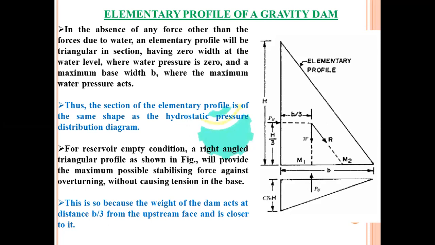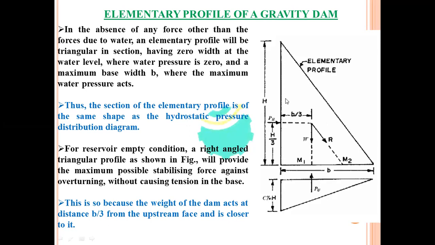That means there we did not design a top width. And at the base of the dam, the base width B is maximum, where the maximum water pressure acts.